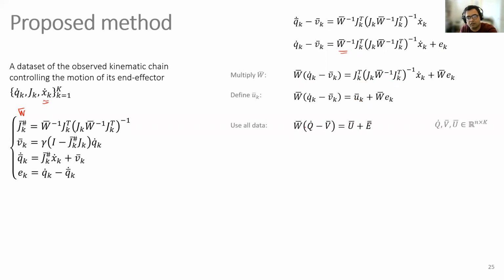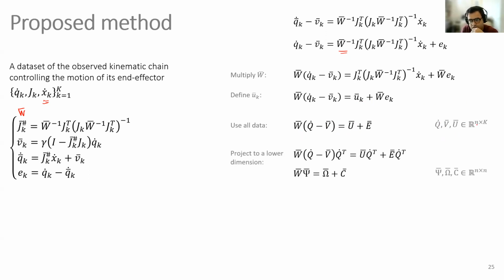And this was for a single data point. I can concatenate all the data that I have and write it in matrix form. So this is the matrix form of this equation where all the data is used. Here I wrote the dimensions of these matrices, and you can see that these dimensions are big, because if you have, I don't know, 1,000 data points, this is not easy to handle.